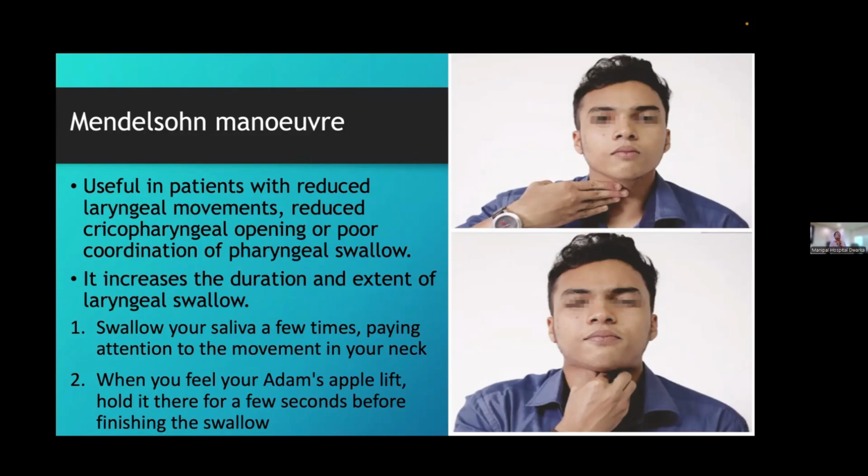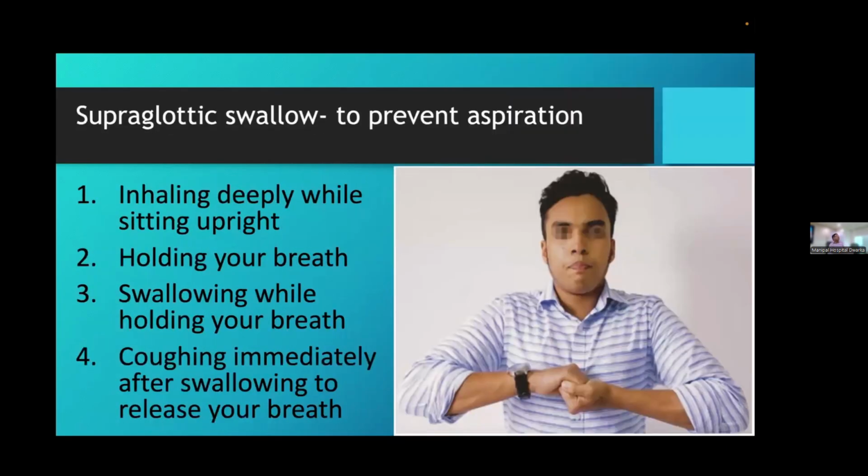Because what happens when you elevate the larynx, the cricopharynx actually opens up, and there's a negative suction which is created. So laryngeal elevation is very, very important, and this maneuver can help. And supraglottic swallowing is basically to prevent aspiration, right? So the patient holds the breath during swallowing, and as soon as he swallows, he actually coughs voluntarily. So a voluntary cough is induced, so that if there's aspiration, it comes out, right? So that is supraglottic swallowing to prevent aspiration.